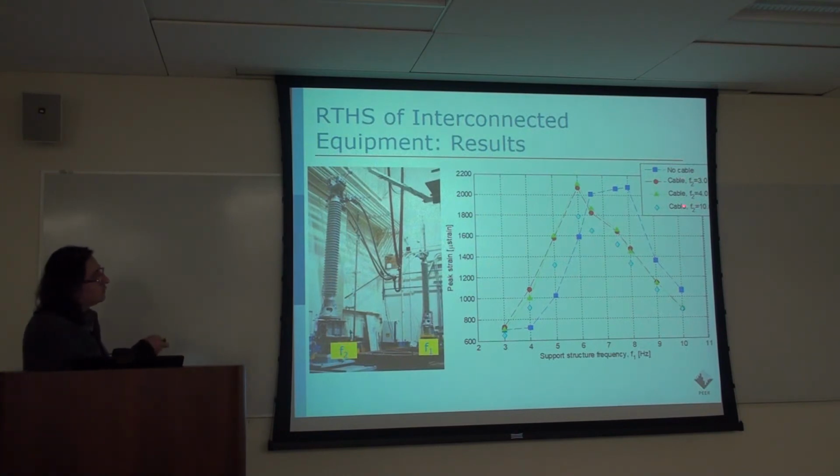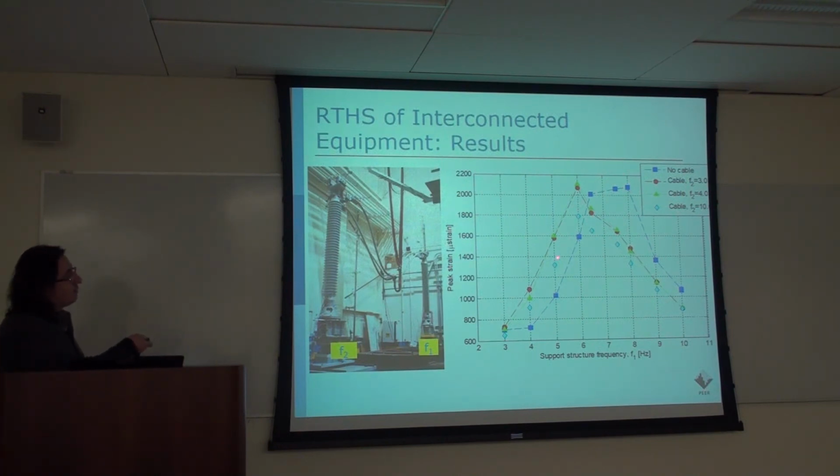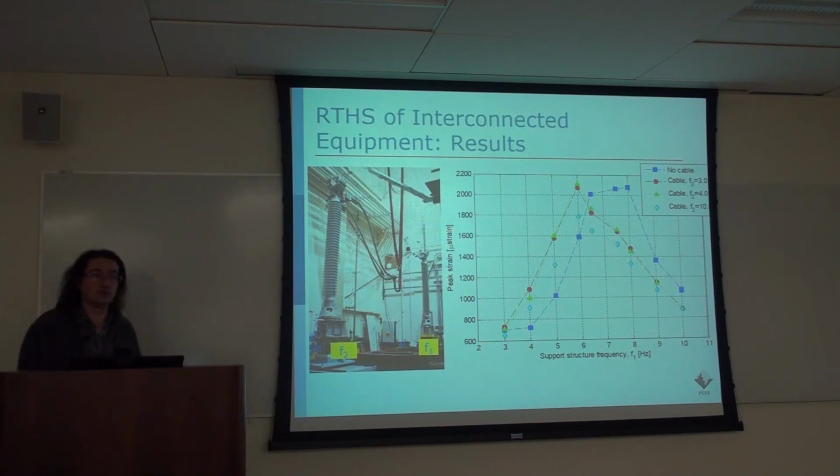So one is 3, one is 4, and the other one is 10. And here, this blue is the case that corresponds to the strains with no cable. So the case where the 2 equipment are not connected to each other.